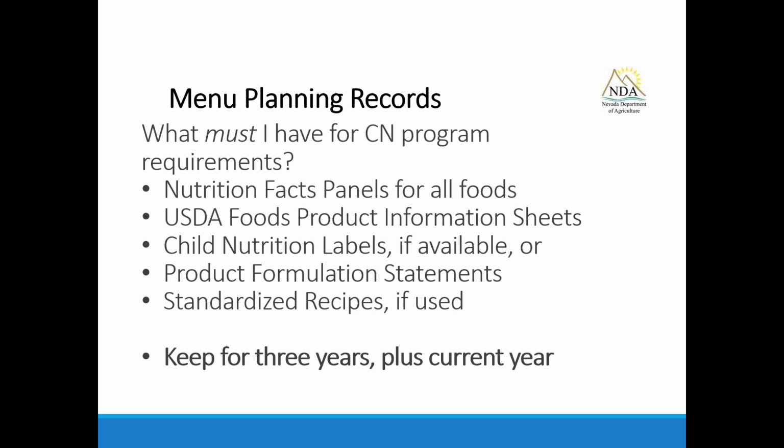And again, an item would be that nutrition facts panel for all your foods, a USDA food product information sheet, child nutrition labels if they're available, or product formulation statements, and standardized recipes if you're using them in your program. And the amount of time to keep these menu planning records are the same as the administrative review requirements, which would be for 3 years plus the current year.